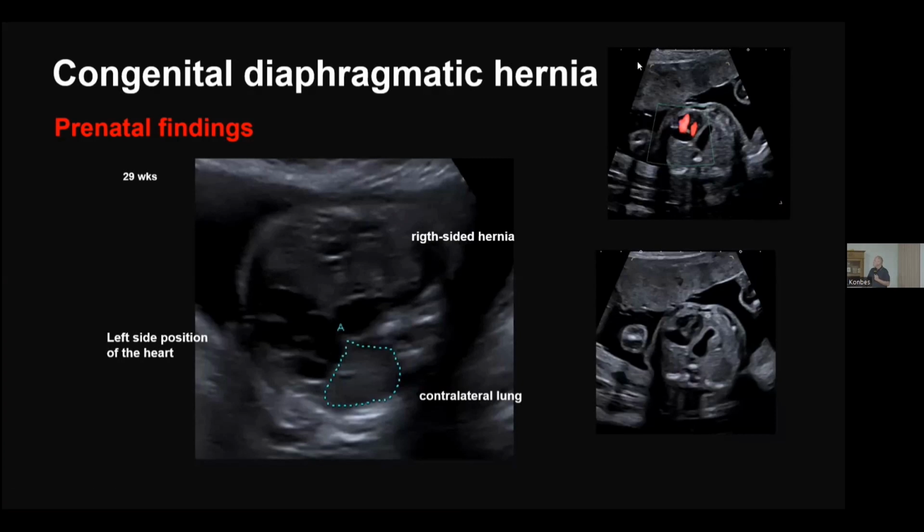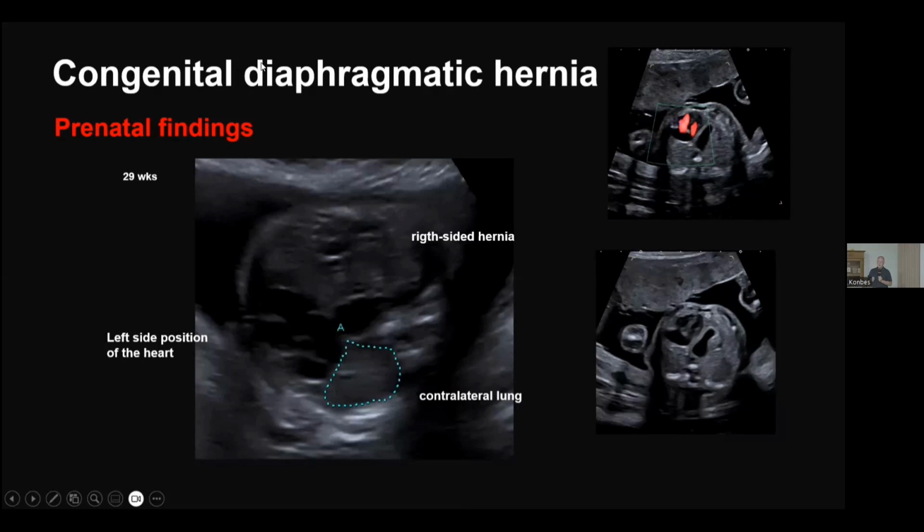What should we do also when we evaluate the chamber view? We look for the size and also for the position of the heart. In this case, we see a right-sided hernia and a left-sided position of the fetal heart. This is a typical example of congenital diaphragmatic hernia.